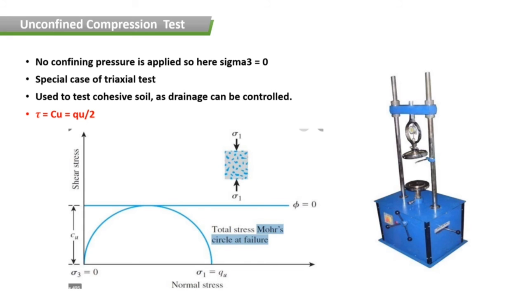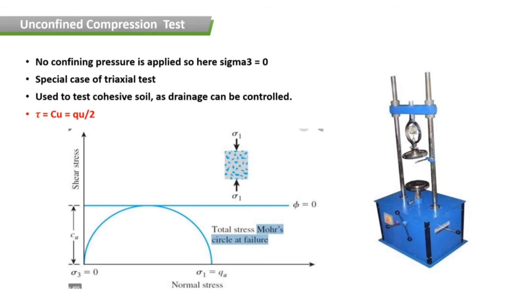This constant pressure is not present here. So sigma 3 is 0, there is no confining pressure, no cell pressure, so the drainage can be controlled.